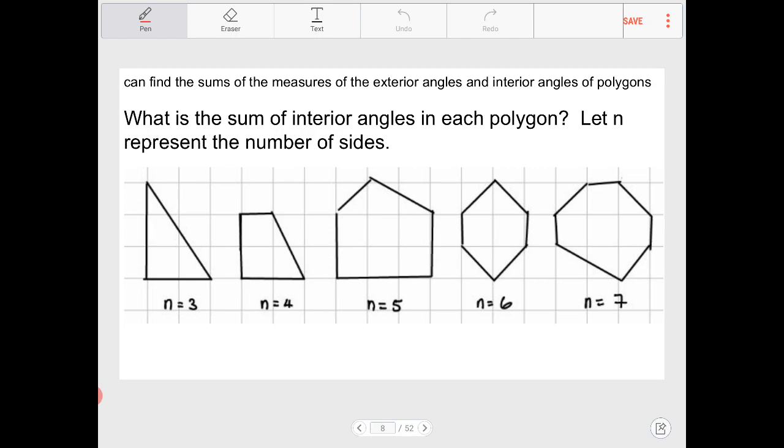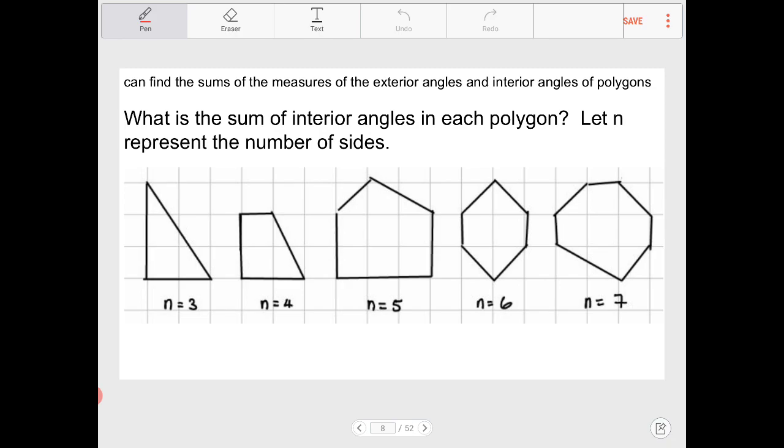So what is the sum of interior angles in each polygon, and let n represent the number of sides? When we're studying any subject matter or any topic, we want to know as much about that particular topic as possible. So if we're studying polygons, it would be nice to know some information about their angles.